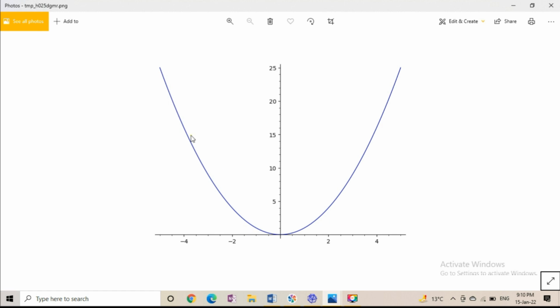Then what do we get? We get a parabolic graph in which the x-axis is a tangent to the vertex of the parabola.